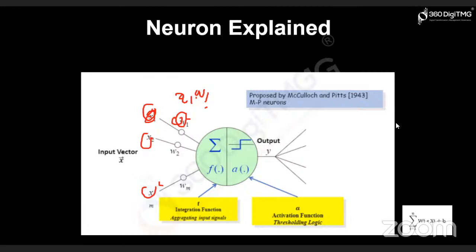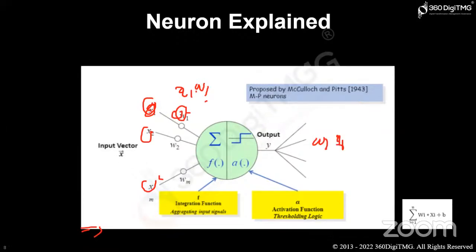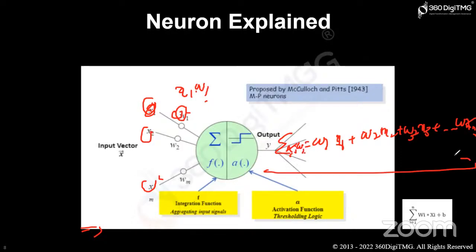The function will be formed as w1x1, w2x2, w3x3, up to wnxn, that is, sigma of xi and wi. Whatever values we get, it will look like this.